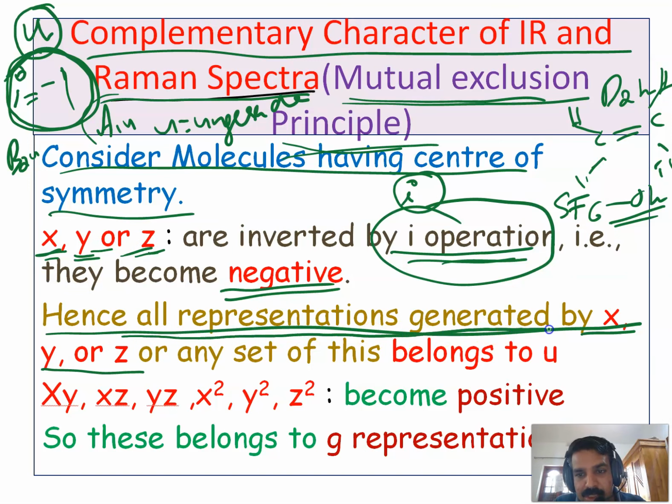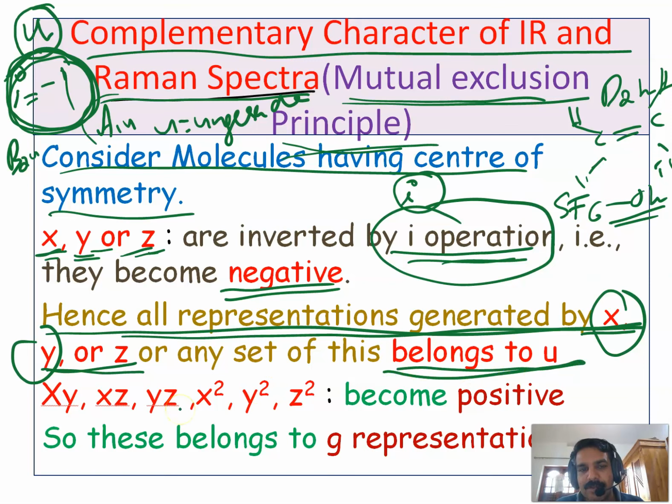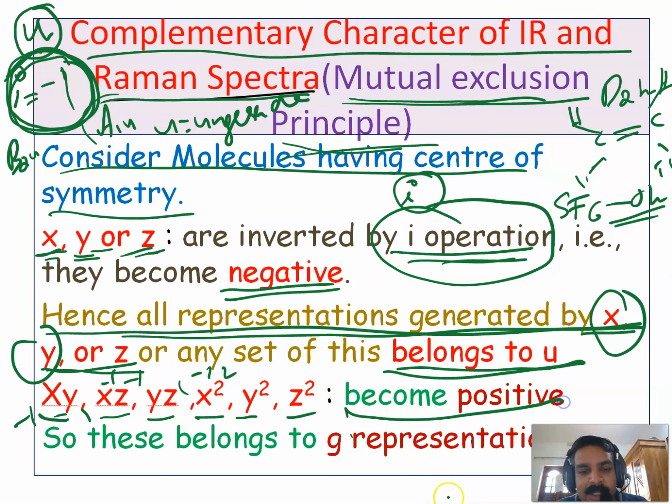So for the representation generated by x, y, z, where the basis is x, y, z, the character of I will be -1, so they belong to the u representation. Whereas xy, xz, yz, x square, y square, z square, the combinations of x, y, z, will be +1, because -1 times -1 becomes plus. Here also (-1) square is plus. Therefore, they become positive.